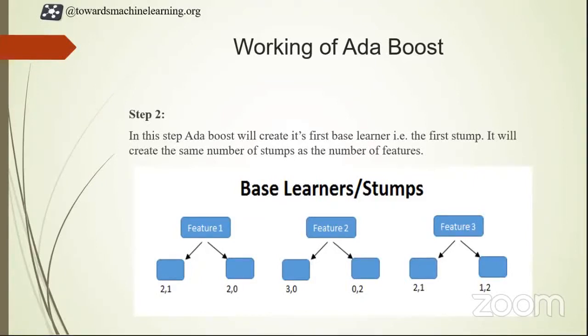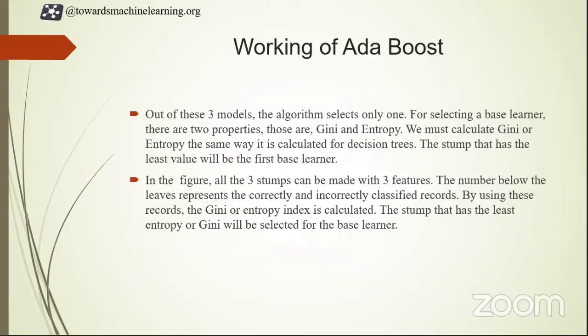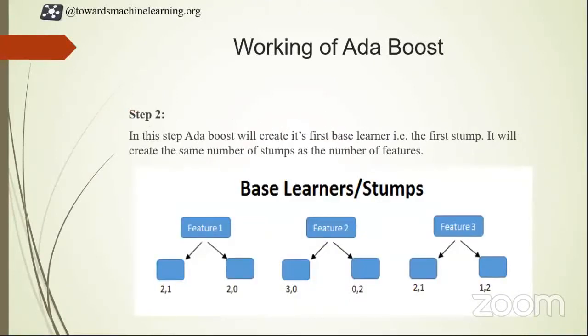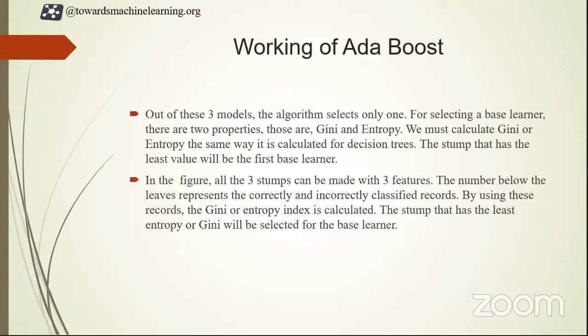It will create the same number of stumps as the number of features. Now, out of these three stumps we have built, the algorithm selects one.